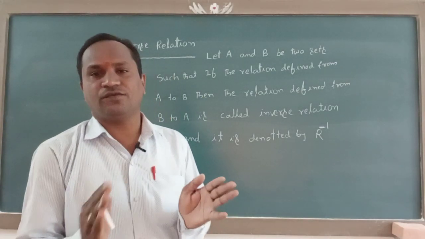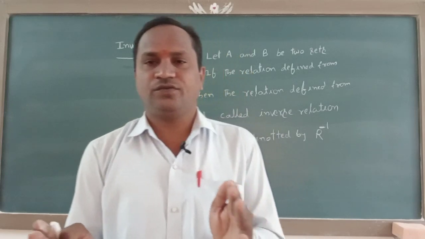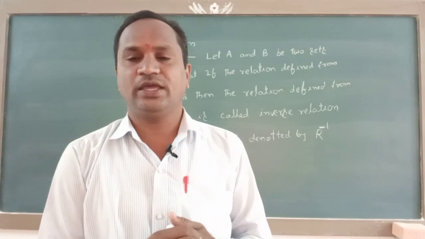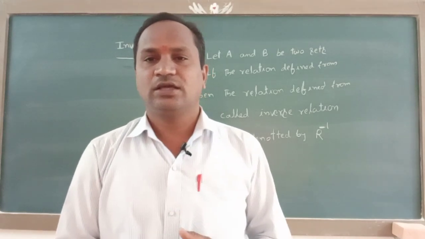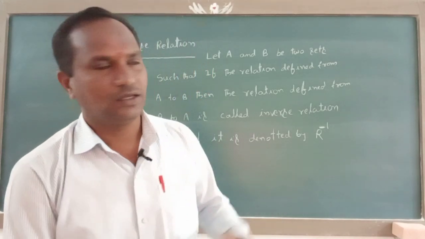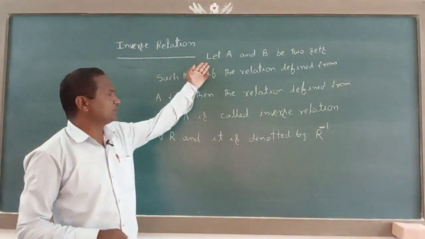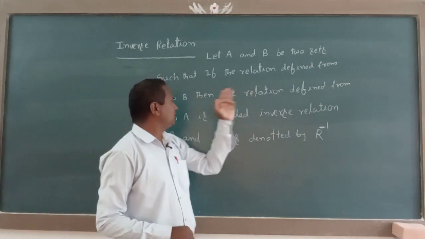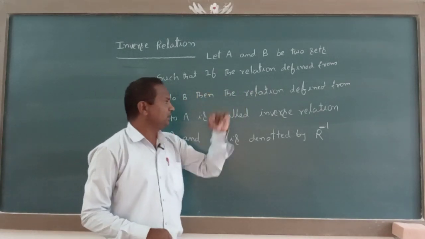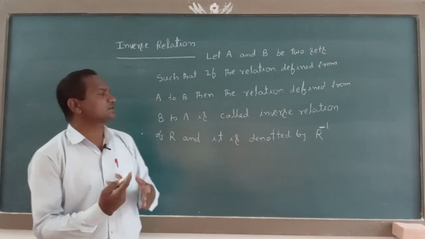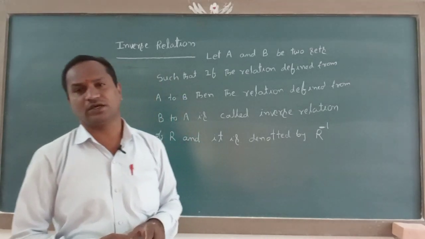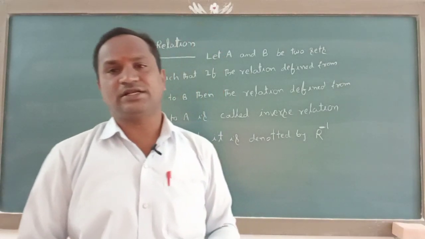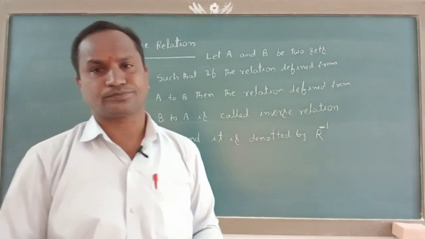First, you define a relation from A to B. Then if we move reversely, from B to A, that relation is called the inverse relation. You consider A and B as two sets such that if the relation is defined from A to B, then the relation defined from B to A is called the inverse relation of the given relation capital R. It is represented by R inverse.